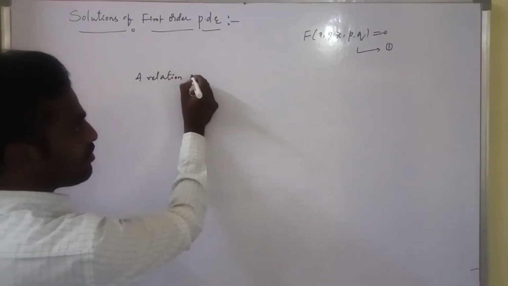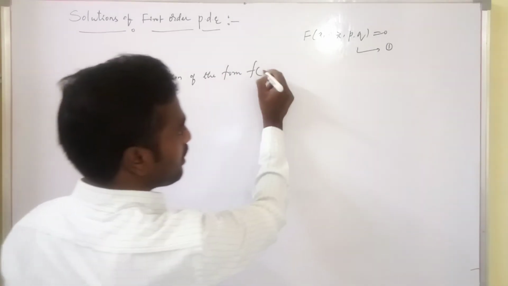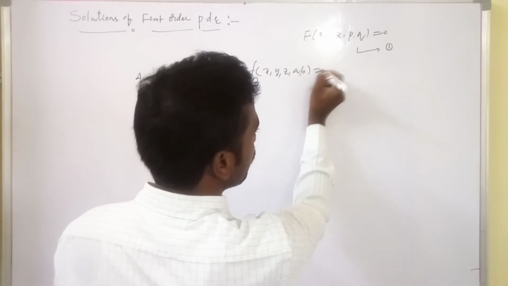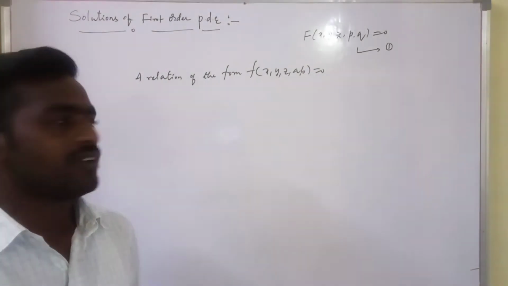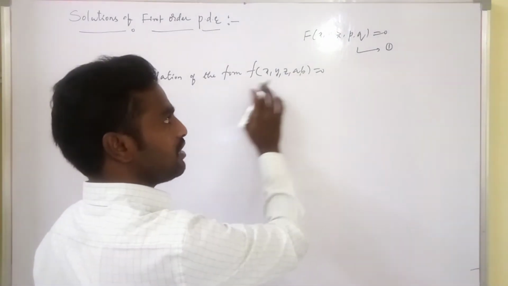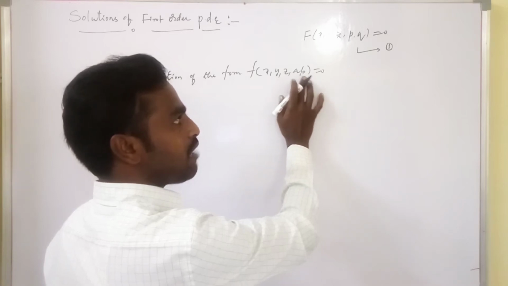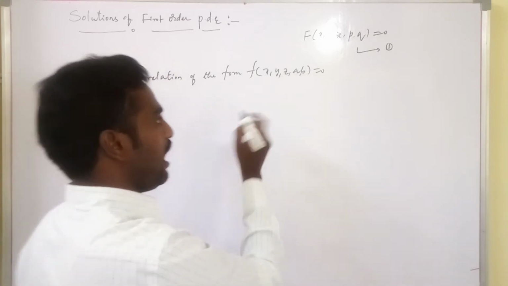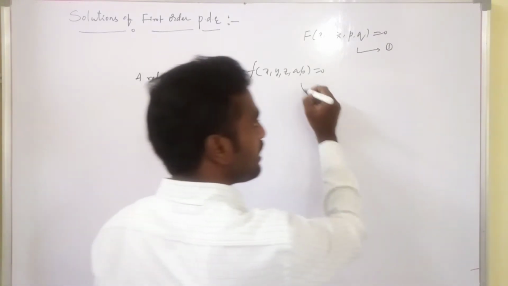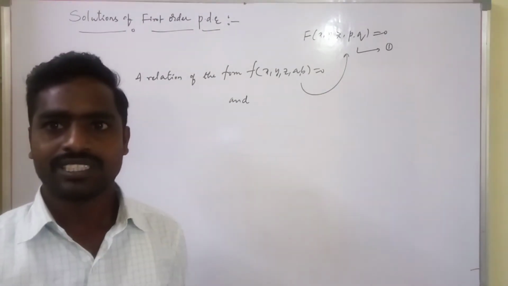Suppose a relation of the form f(x, y, z, a, b) = 0, where a and b are two arbitrary constants, satisfies the differential equation.